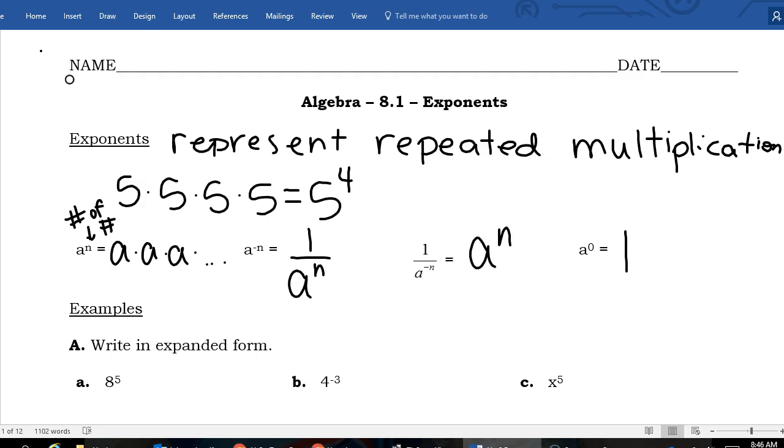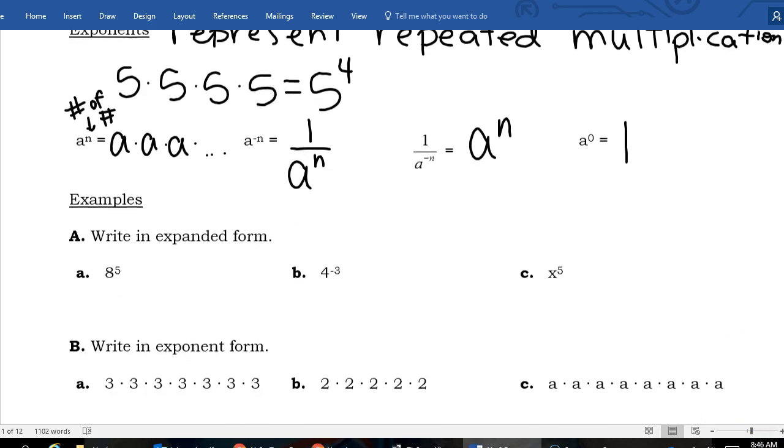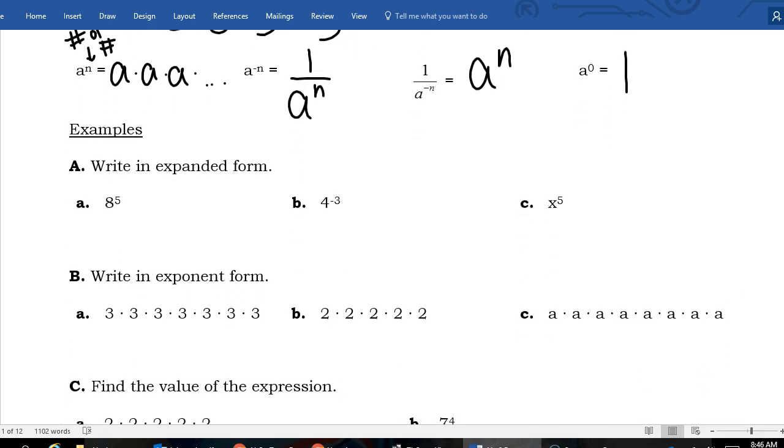So we can try to take some of these exponent ideas and try to represent some numbers a little differently. The first example says to write the expression in expanded form. So 8 to the power of 5 would be 8 times 8 times 8 times 8 times 8. And that's all it's asking me to do, is to write it in expanded form. I don't need to get an answer.